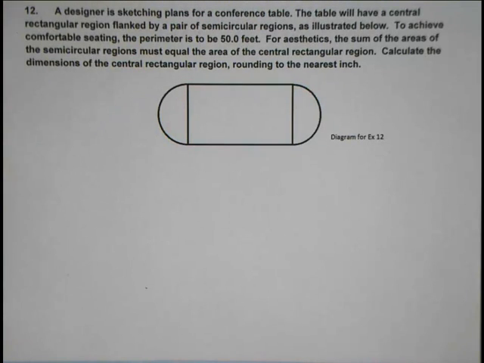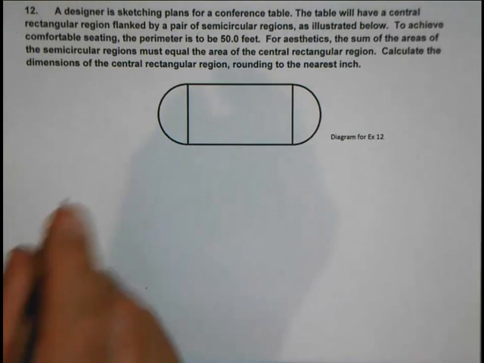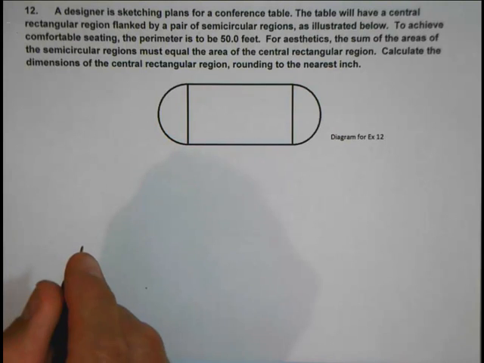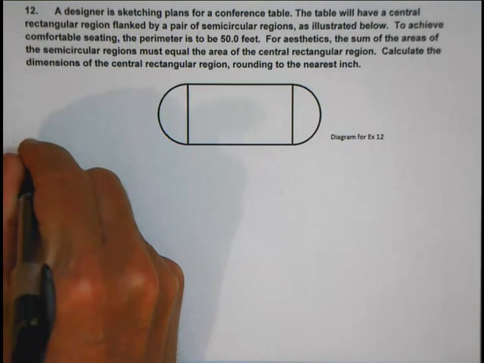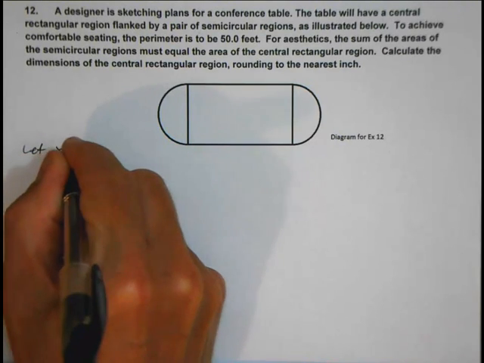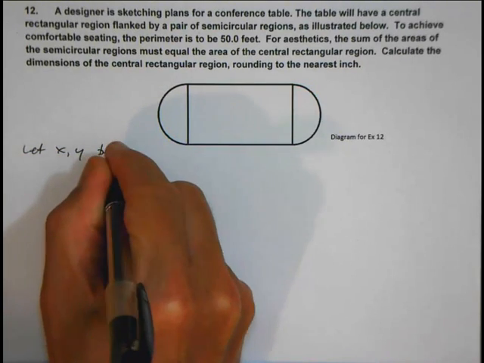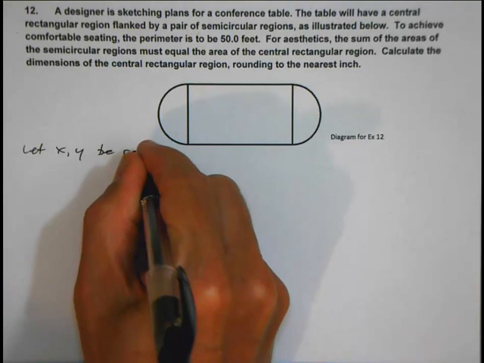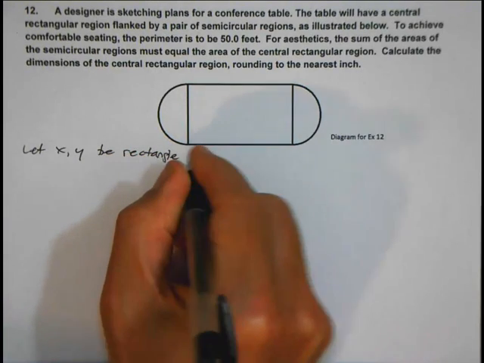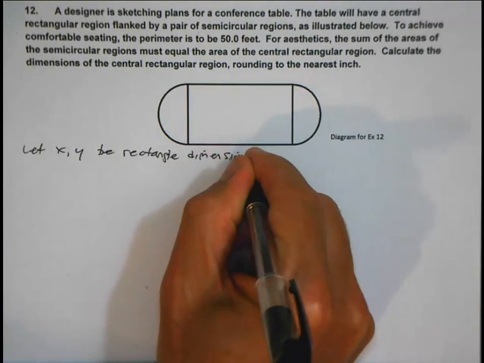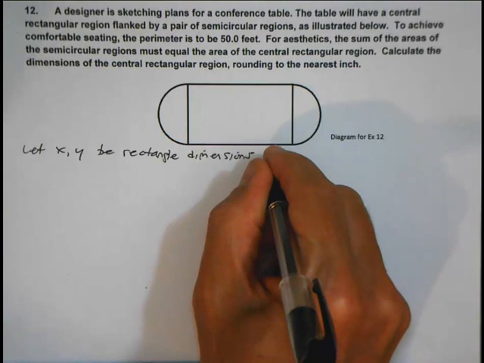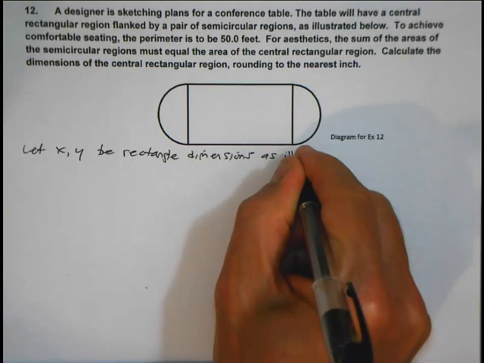Okay, what to do here for some variables? Well, when there's a nice diagram provided, you can use it to help define your variables. For instance, here we might choose to say, let x, y be rectangle dimensions as illustrated.